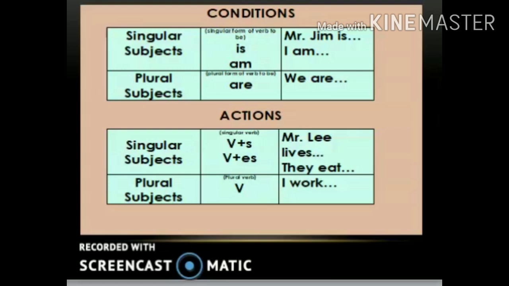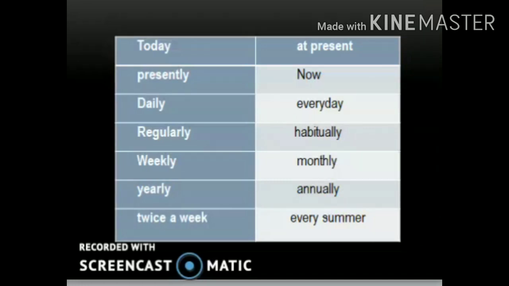If the subject is I, use the plural verb. Here are time expressions that require you to use the simple present tense.